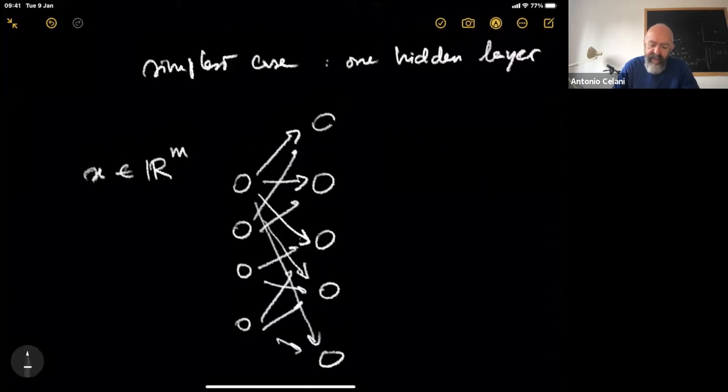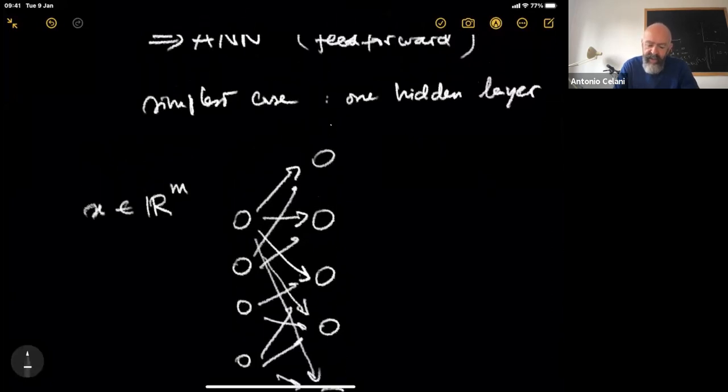For instance, one common choice is to take the input across all these input nodes, where each node takes one component. Then you make a linear combination, which is sort of like a linear matrix here times the initial vector, and then you take a nonlinear transformation.